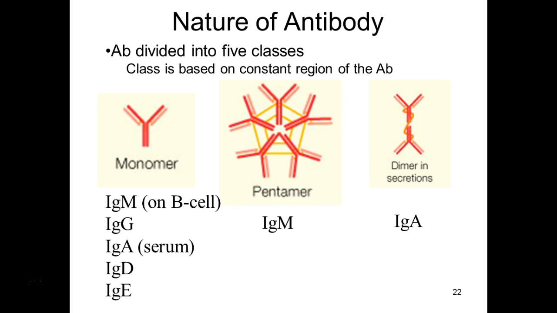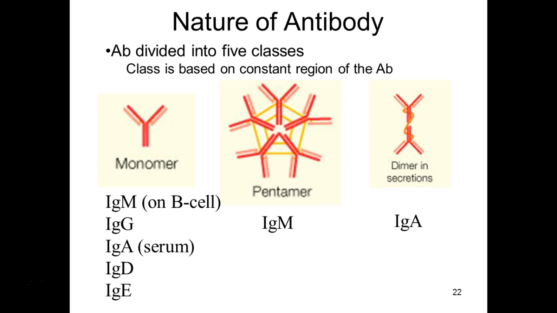So IgD is one we don't know much about. It's always in this monomer form. IgE, I always refer to this one as the one Erica hates. This is the one typically responsible for allergic reactions. Right, so this is the class of antibody that you produce that gives you the particular response that we commonly refer to as allergy.